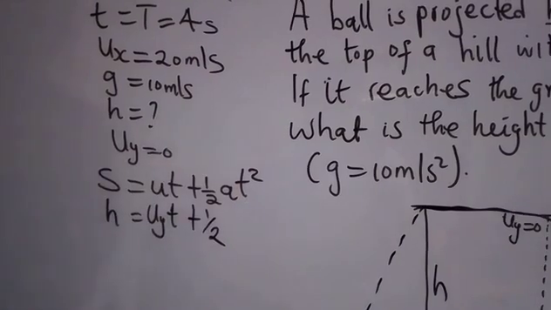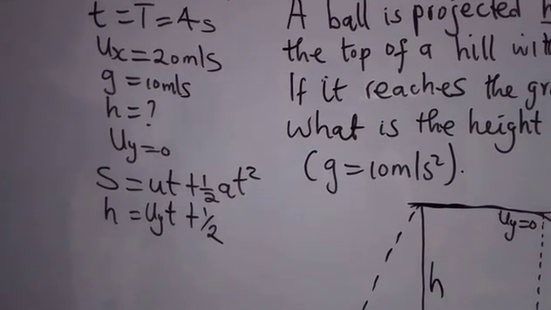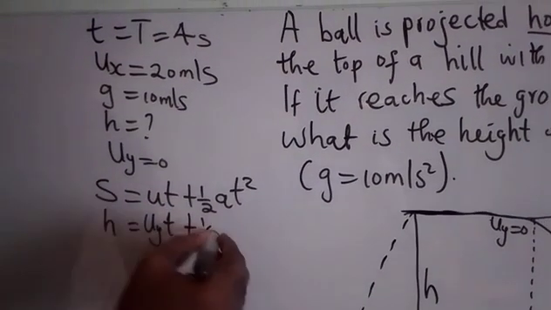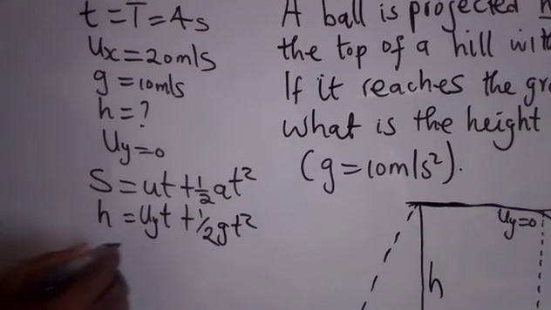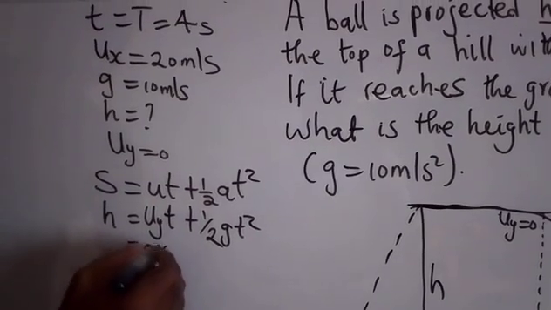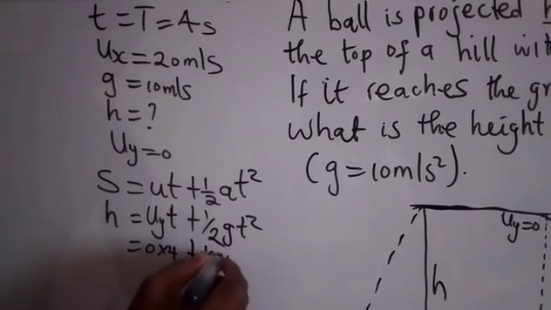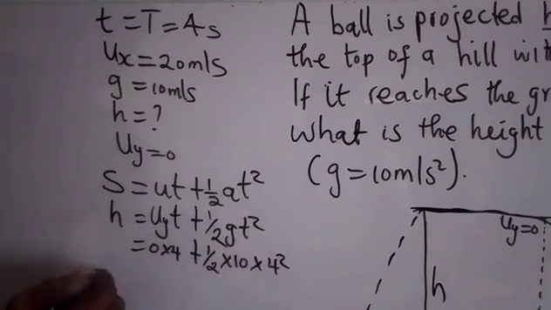a, which has to become acceleration due to gravity, and positive because the object is falling down, which is the direction of gravity. So we have gt squared. Okay, let's substitute. h equals 0 times 4 plus half times 10 times 4 squared.